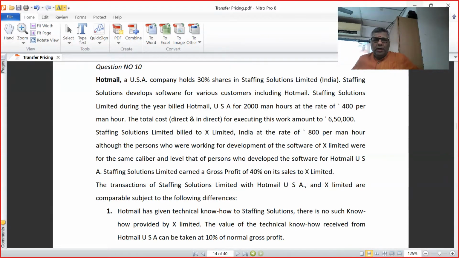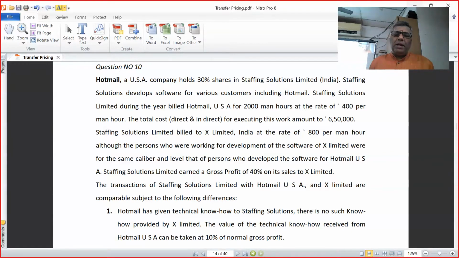Hotmail, a USA company, holds 30% of shares in Staffing Solutions India Limited. Staffing Solutions develops software for various customers, including Hotmail. Staffing Solutions Limited during the year billed Hotmail USA for 2,000 man-hours at rupees 400 per man-hour. The direct and indirect cost amounted to 650.